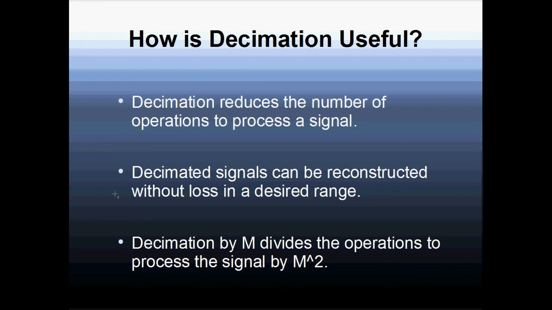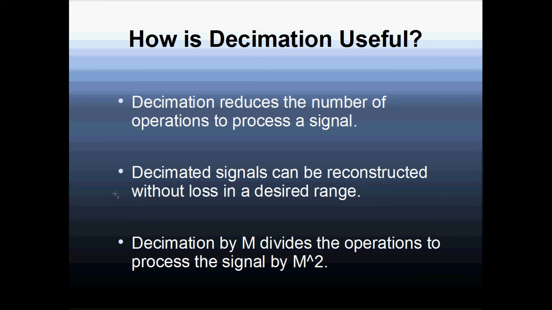For instance, rather than doing a decimation by 4, doing a decimation by 2 followed by another decimation by 2 would allow the second decimation to begin while the first decimation was still in progress, and it could give you significant time savings.